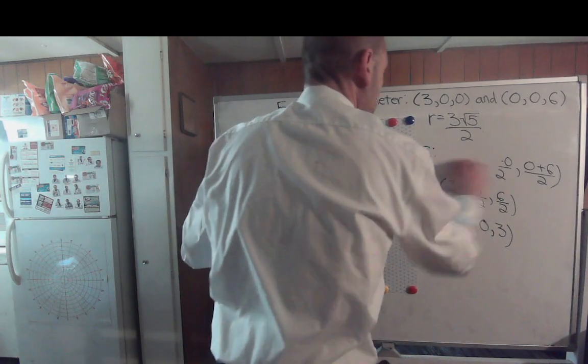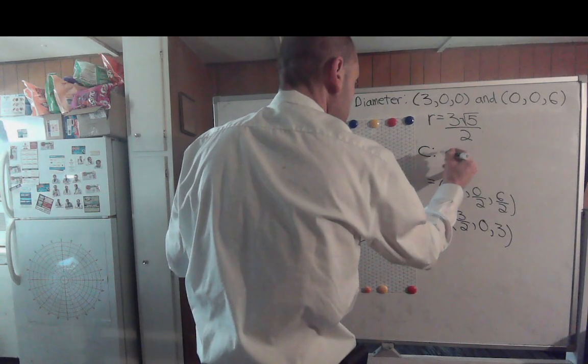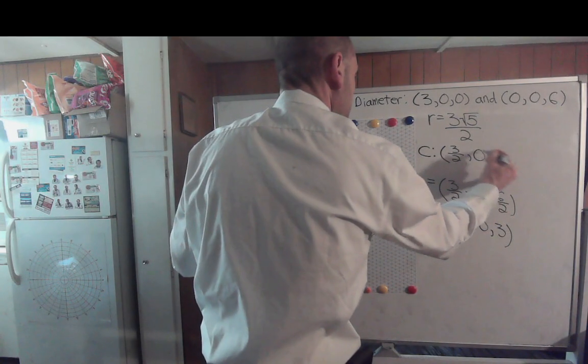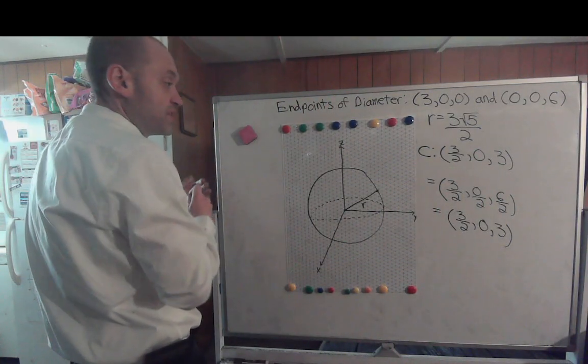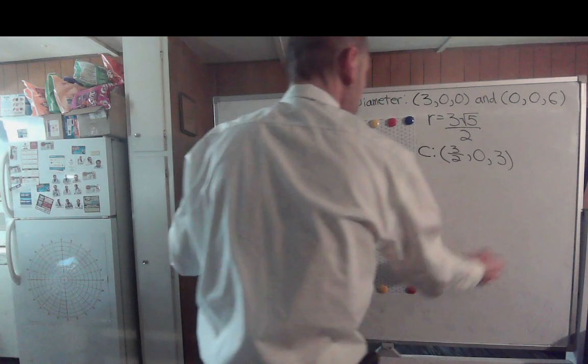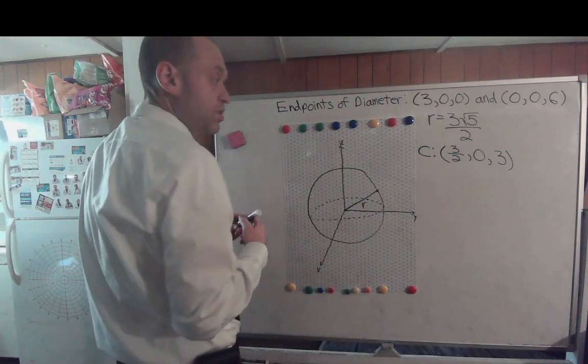So let me write that up here, and then we're going to find the equation of this sphere. So the center we said was at 3/2, 0, 3. Now that we found the center, we know the radius, we can proceed to find the equation. So the center for the x-coordinate is at 3/2.